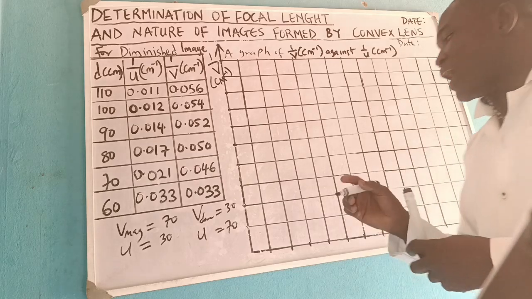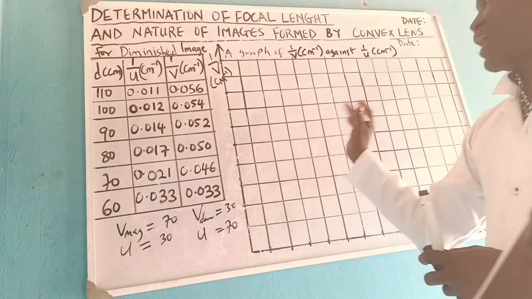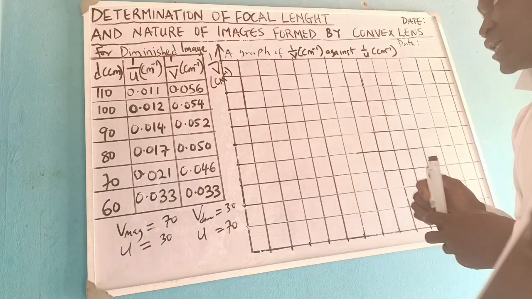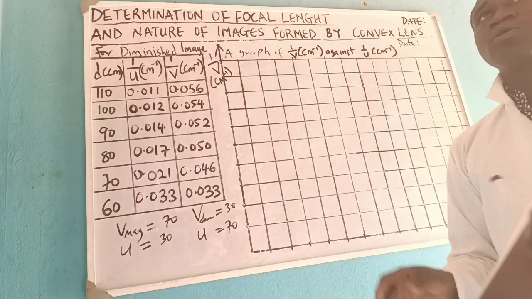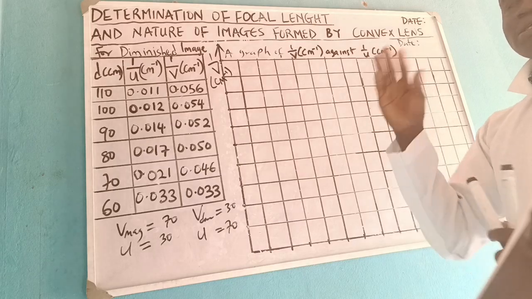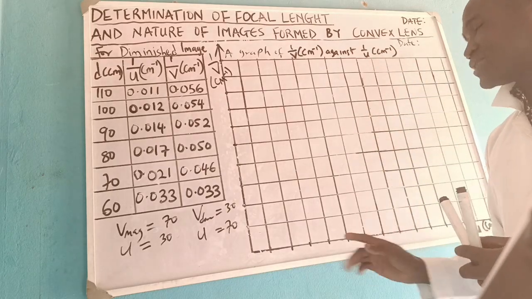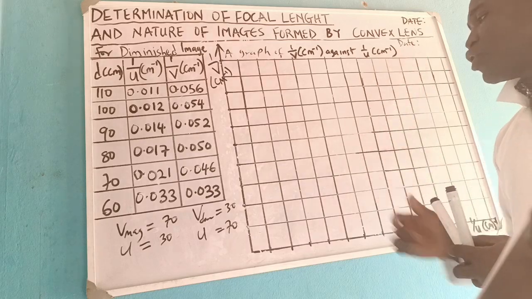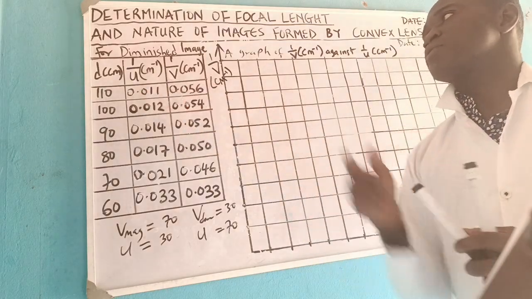So now, in the question before, they said plot the graph of 1 over V against 1 over U, starting both axes from the origin. That is the instruction. Now you notice that this didn't start from 0, 0.